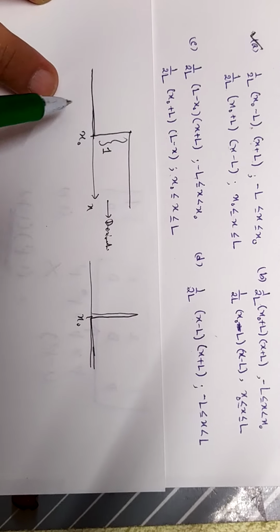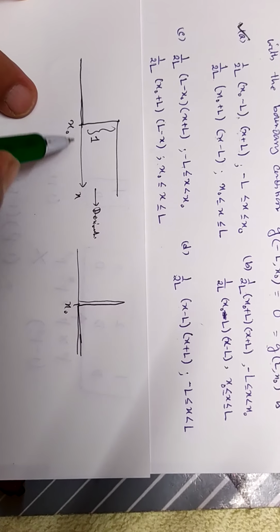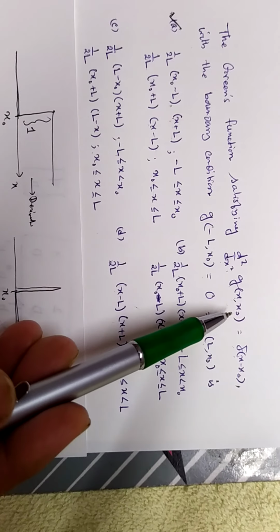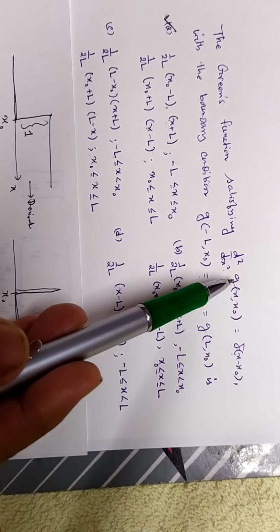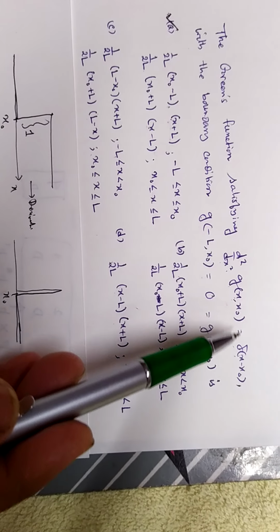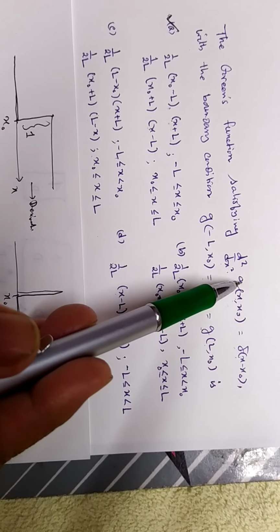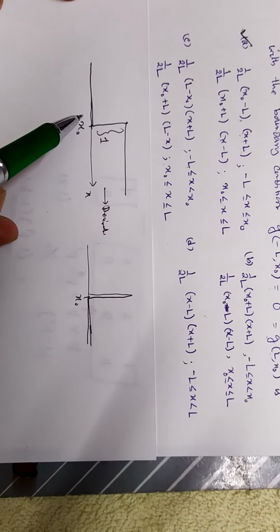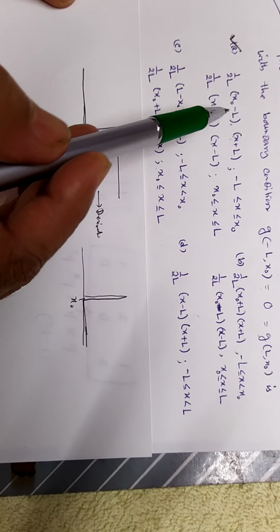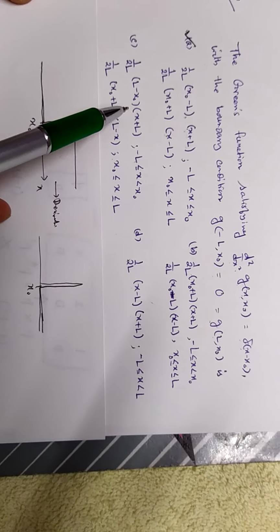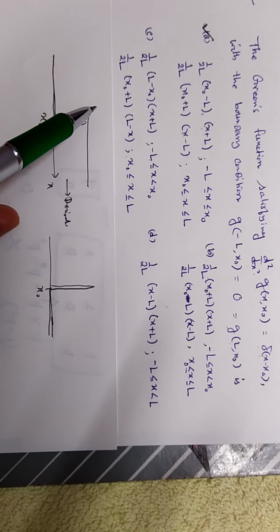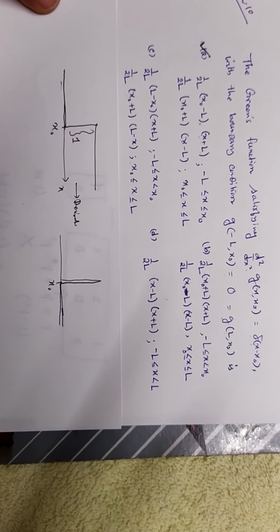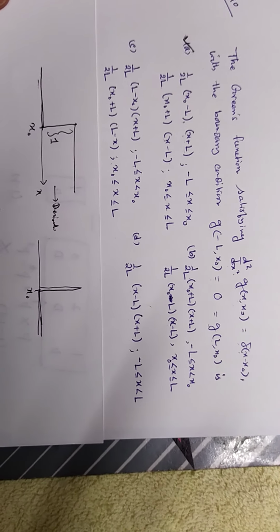So this is known to us: the derivative of a step function is a delta function. Then if I have a function whose derivative is a delta function, then the first derivative of g should be a step function, right? Then if I take the first derivative of these functions and see which one is perfectly a step function like this, that would be the right Green's function, right?